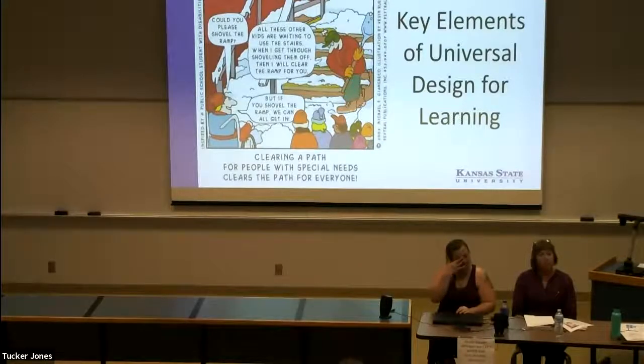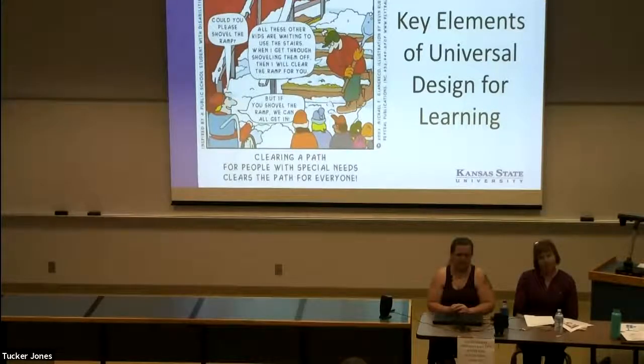For example, I'm going to describe what you see up here on the slide. It's titled, "Clearing a Path for People with Special Needs Clears a Path for Everyone." It's a cartoon that shows students waiting for the school custodian to clear the stairs of snow. A child in a wheelchair says, "Could you please shovel the ramp?" The custodian says, "All these other children are waiting to use the stairs.